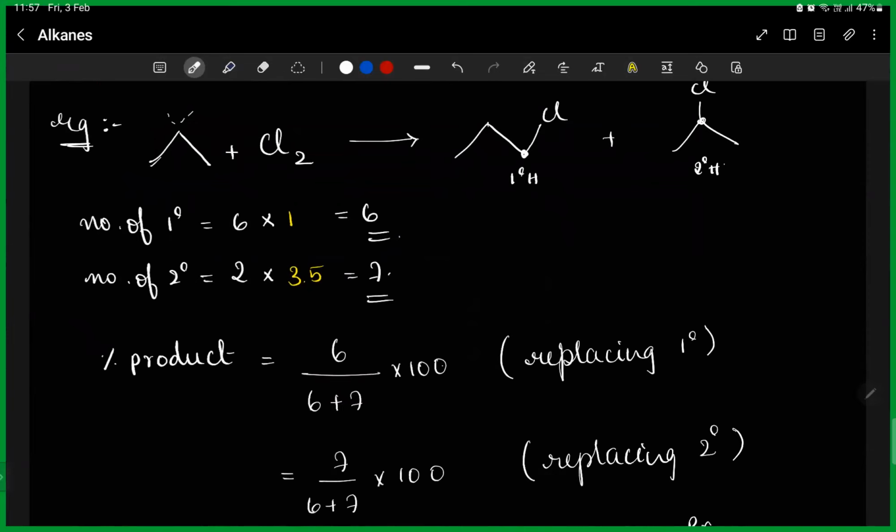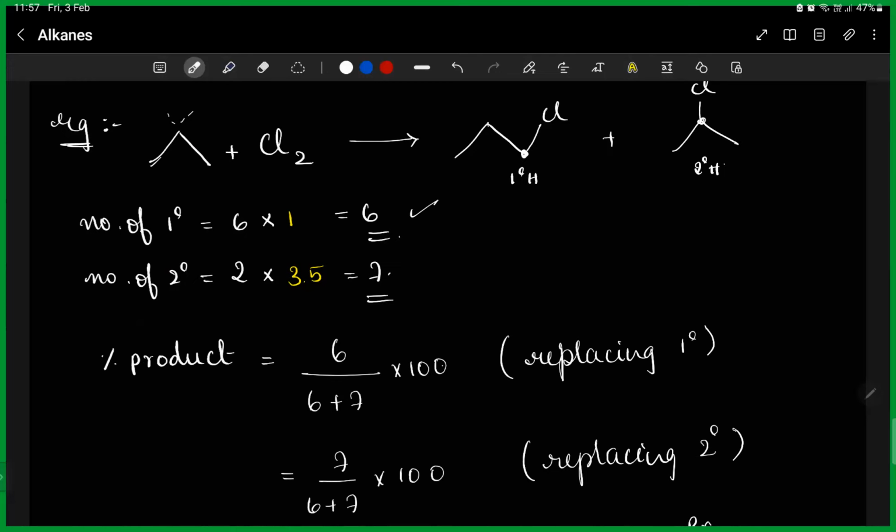A hypothetical formula, this is basically a meaningless calculation, but we will find percentage product as reactivity of primary hydrogen by total reactivity into 100. That's how we'll calculate this. Now we have calculated the reactivities of primary hydrogen and secondary hydrogen, right?